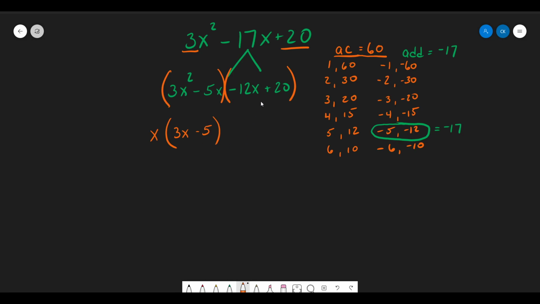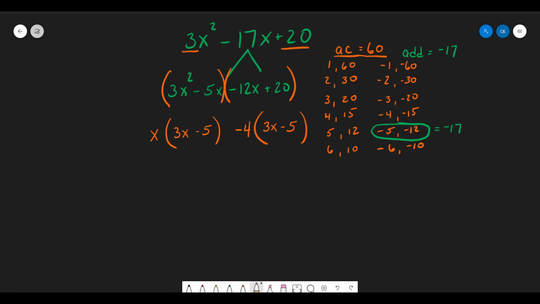When I take this and divide it by negative 4, I get negative 12x divided by negative 4, which gives me a positive 3x. And then 20 divided by negative 4 gives me a negative 5.